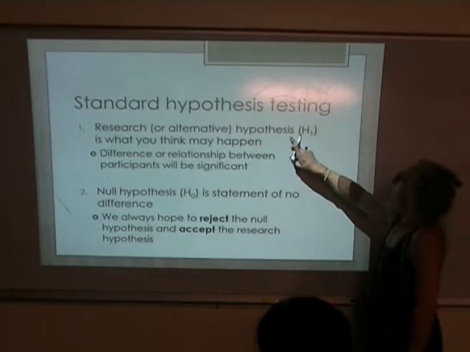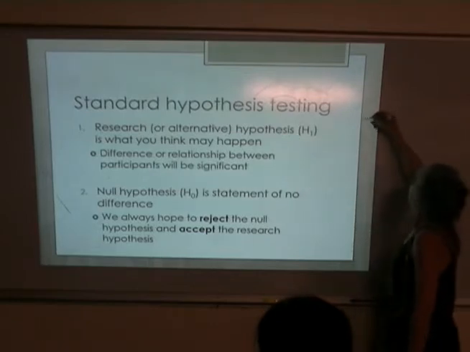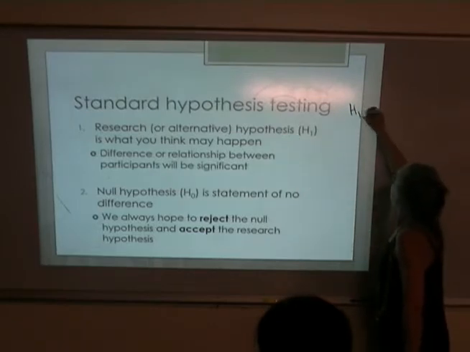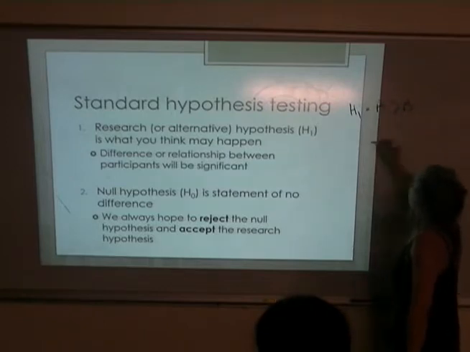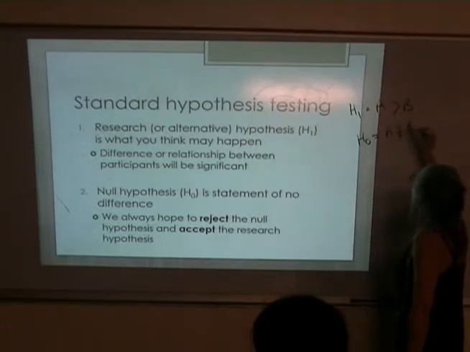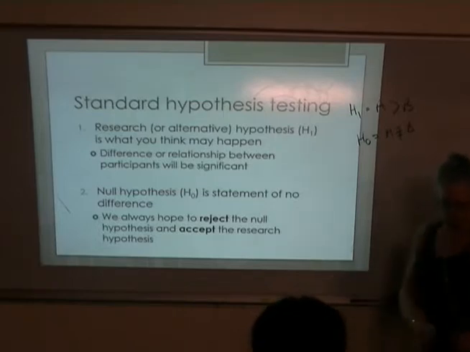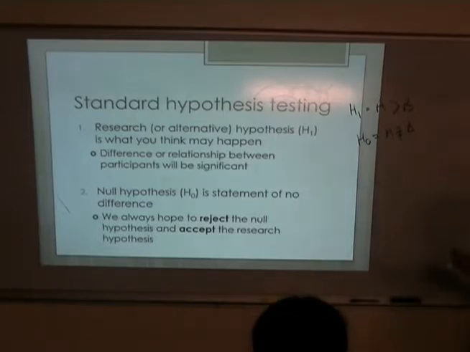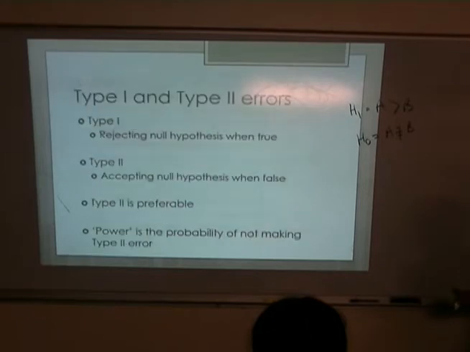So my research hypothesis is that A is better than B. My null hypothesis is that A doesn't give me any significant differences. Let's see if I can get this right.